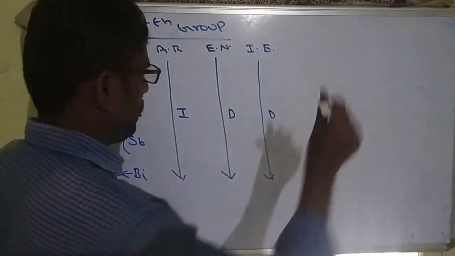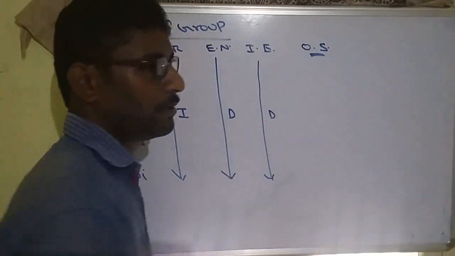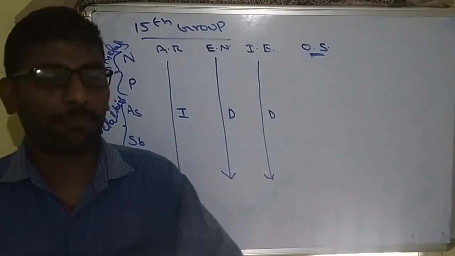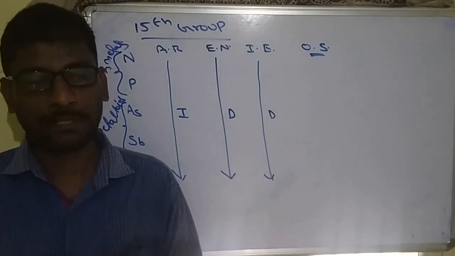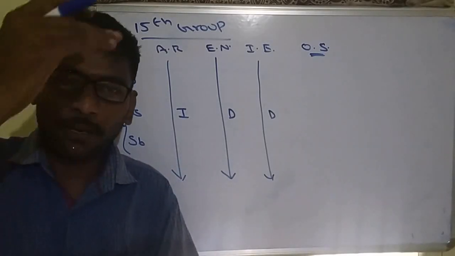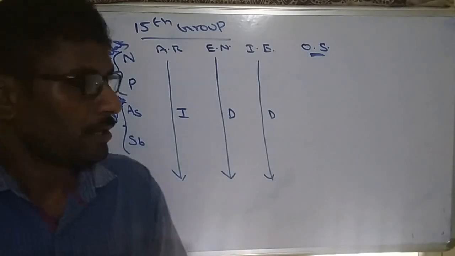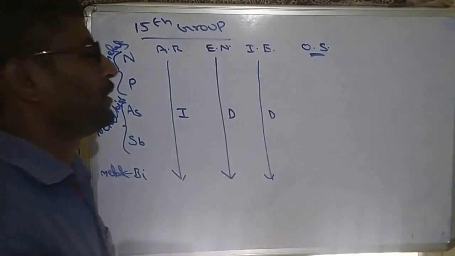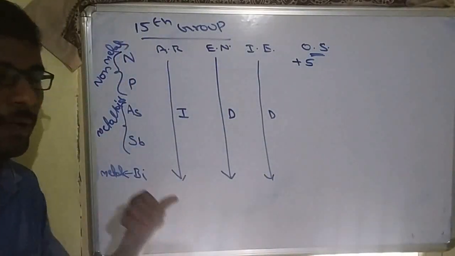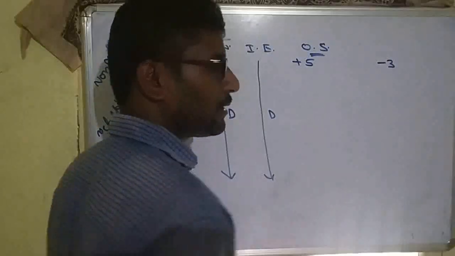Now, another important property here is oxidation state. In the last class we completed oxidation states of P block, with small changes due to inert pair effect. Due to inert pair effect, higher oxidation state stability decreases and lower oxidation state stability increases. In the 15th group the oxidation state will be plus 5 because of 5 valence electrons, and they also exhibit minus 3.